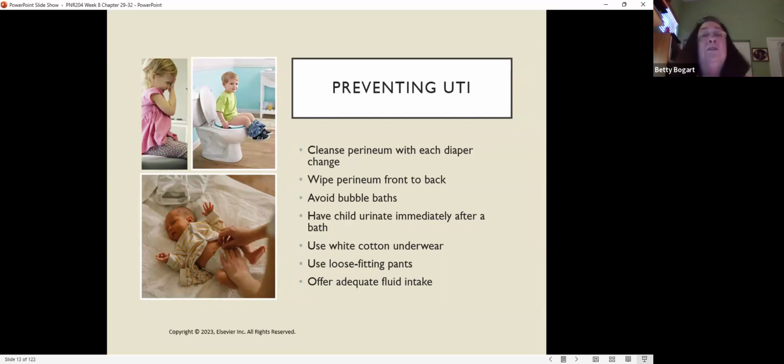So I said, those nice, tight pants they like to wear, they're cute, but loose fitting pants, white cotton underwear decreases the amount of incidents. And then the biggest thing is keeping the fluid intake up, making sure there's plenty of fluid.